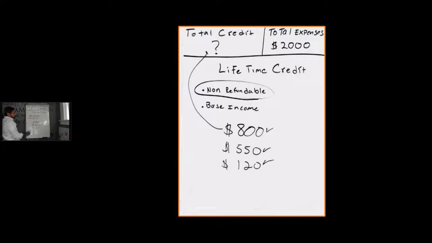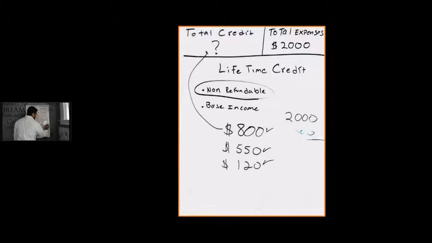It's non-refundable. So if you owe the IRS money, here's the example I always tell you. If you were supposed to pay $2,000 in taxes, but you only paid $1,500, that means you owe the IRS $500.